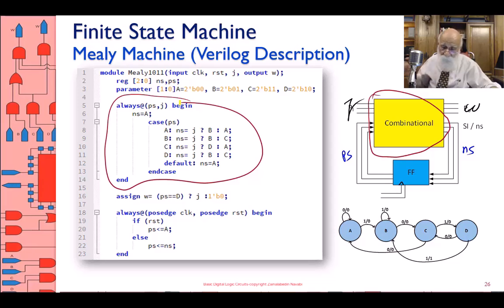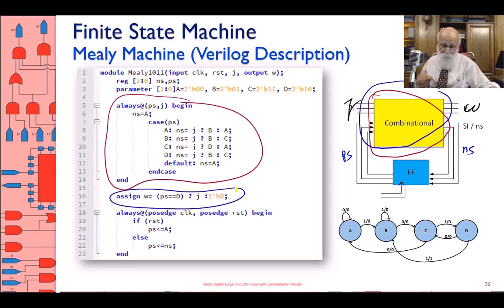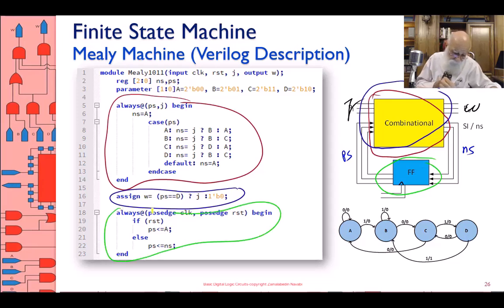And then the J input and the present state form the W block, which is this one over here. And then the register part is this always statement over here. Once again, this is asynchronous reset, positive edge clock.